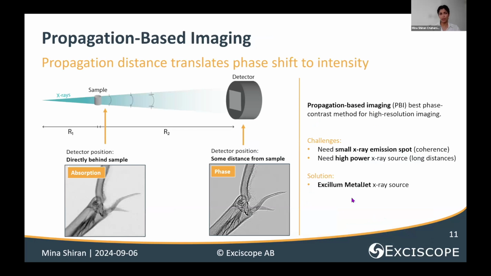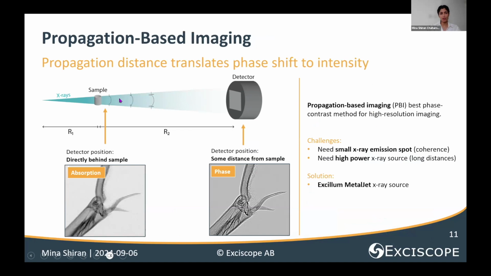So how do we do that using propagation-based imaging? We place the detector a bit far away from the sample, and we let the beam, after interacting with the sample, pass through free space, so it can create interferences, and these interferences can translate into the fine structures and fine components inside the sample.